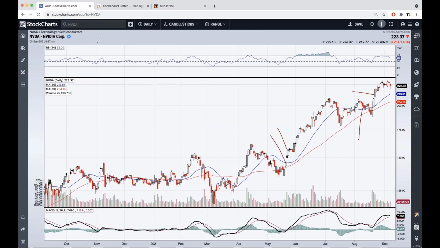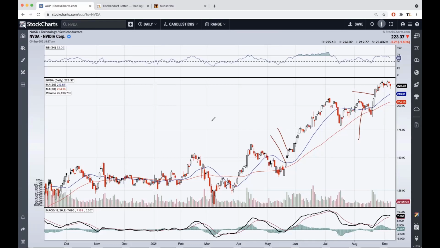Is it one of the leaders in the semiconductor group? Is it in the SMH? I would assume so. It has a market cap of 550 billion now, so it's probably in the SMH and probably also in the Nasdaq 100. With Taiwan Semiconductor, TSM, these two are the biggest players.